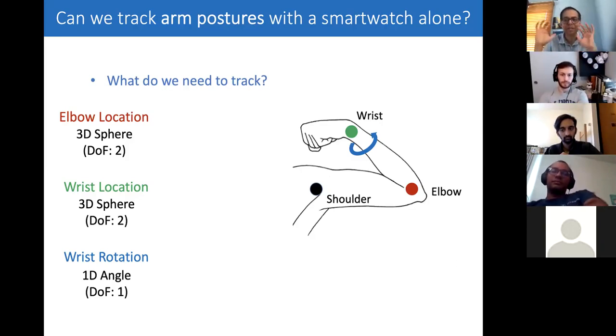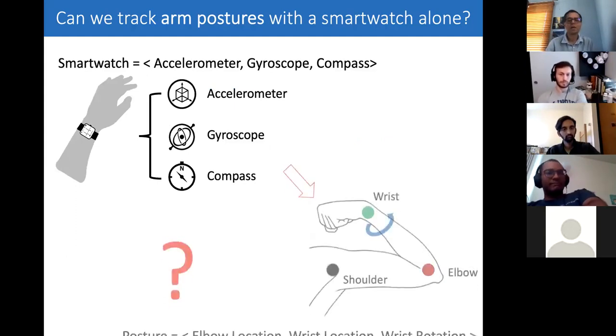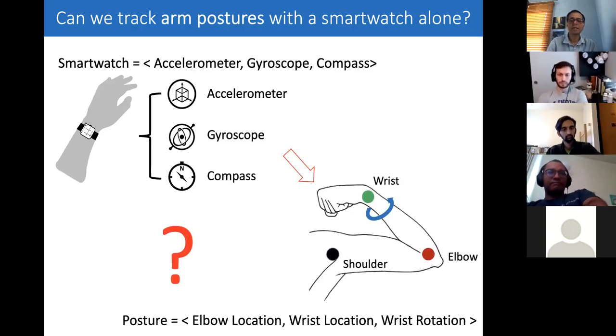In this case, we have this skeleton which constrains what you can do, the way the dictionary constrains what English word you can write. Very good. So the smartwatch contains these sensors, and the posture is essentially elbow location, wrist location, wrist rotation. The question is, can we use these sensors that we have to solve the posture problem? That's the question we have at hand.